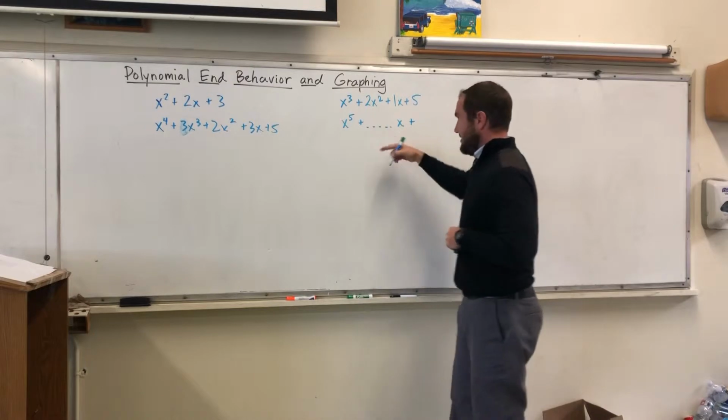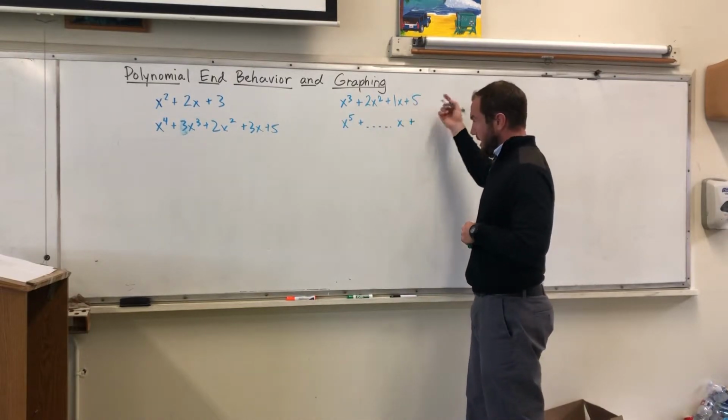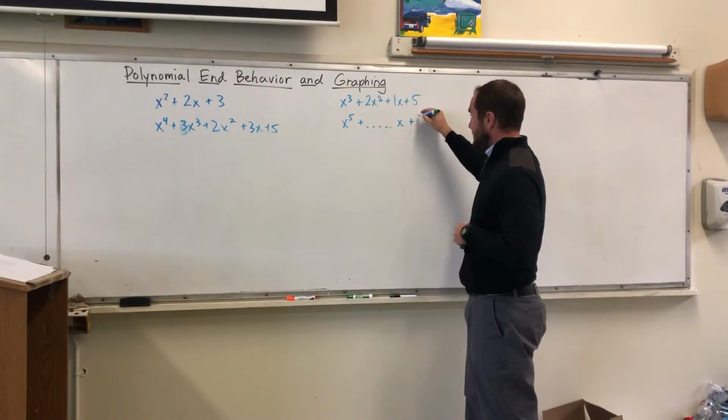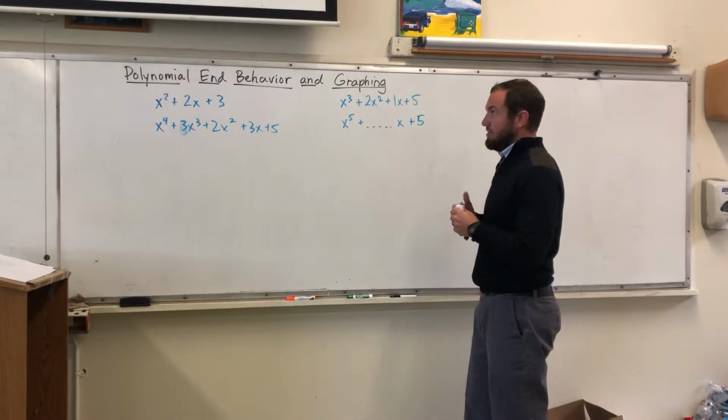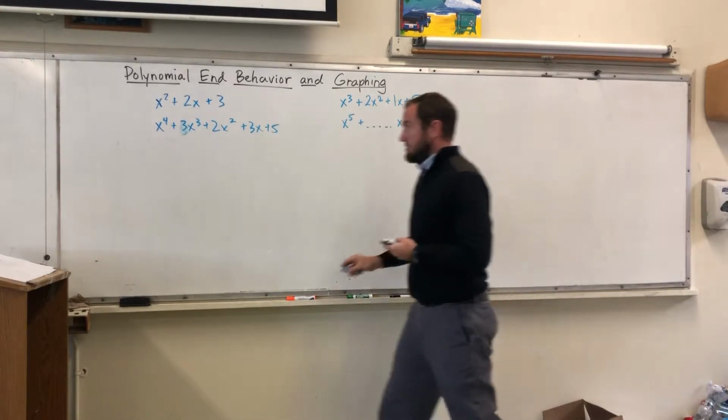I put these dots here to show that there may or may not be some x's in between. Okay? It's just some of the end behavior and what the graph should look like.